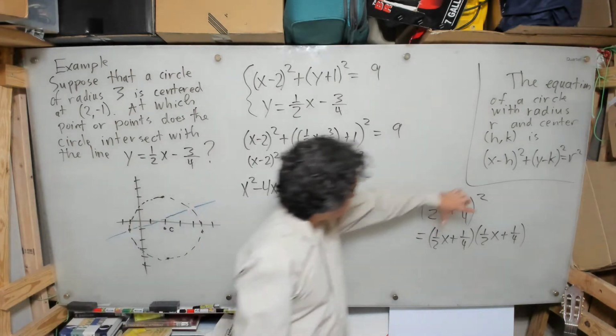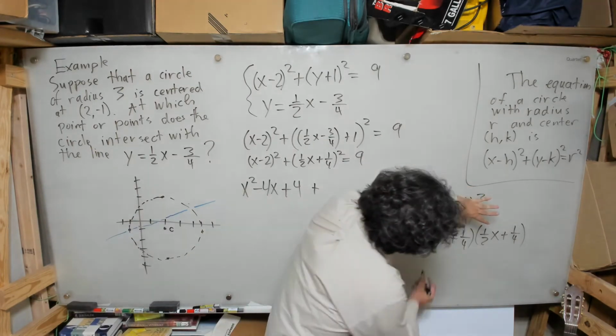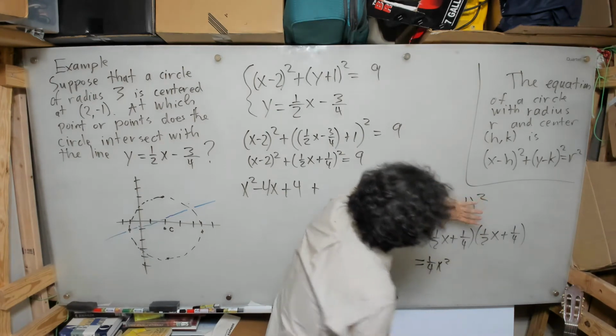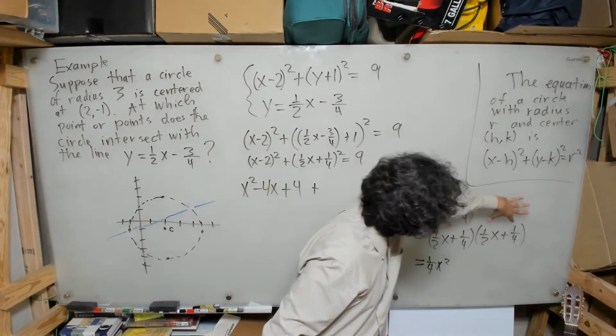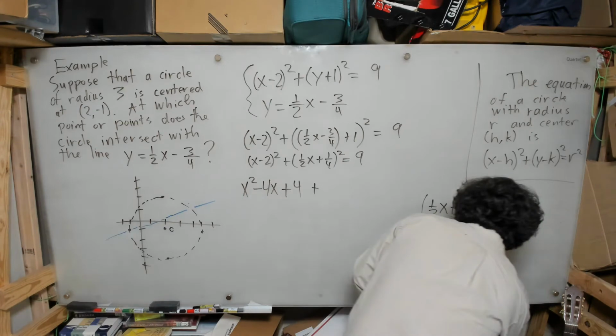Now 1/2 x times 1/2 x is 1/4 x squared. 1/2 x times 1/4 becomes positive 1/8x.